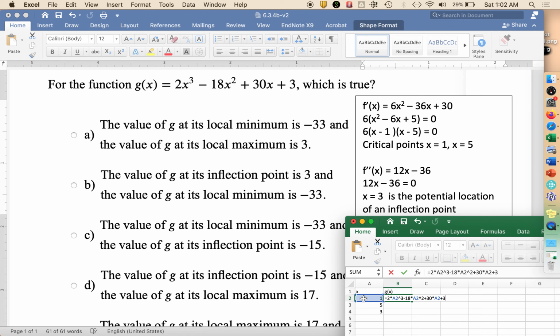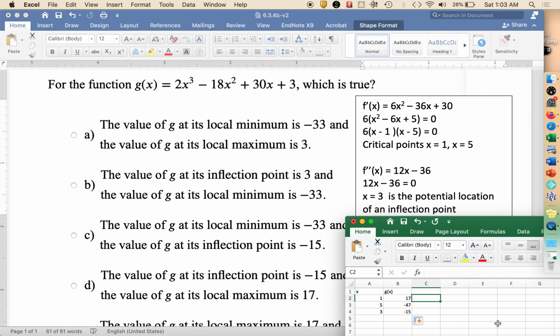Okay. And then I can go to the bottom right hand corner of the cell and I can either double click or drag down.